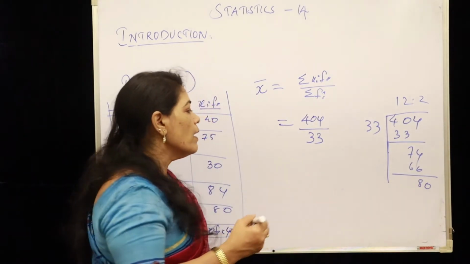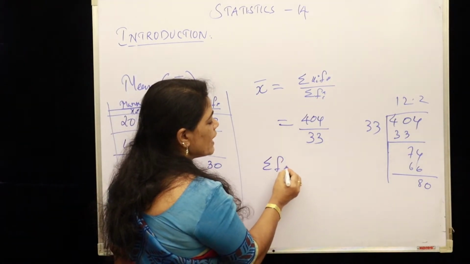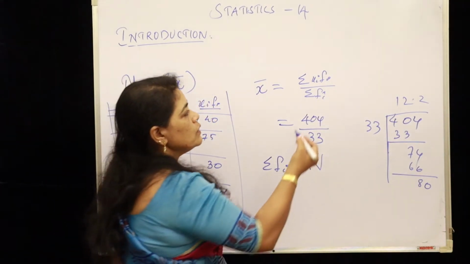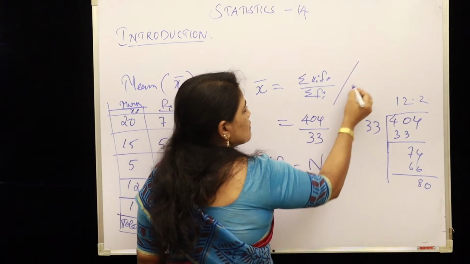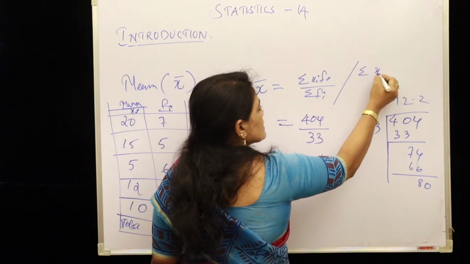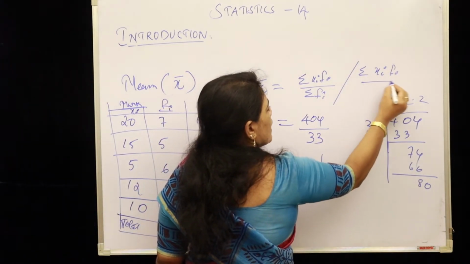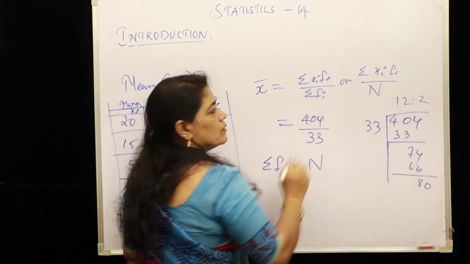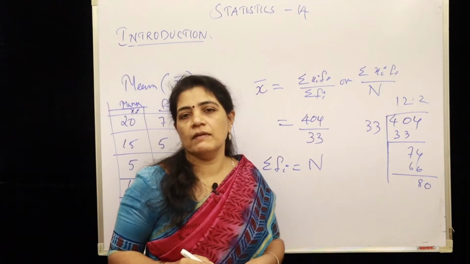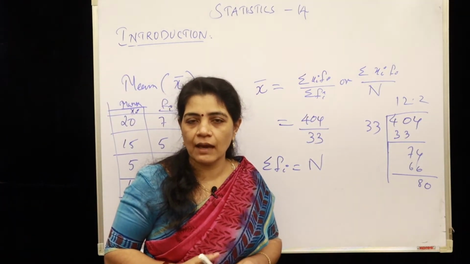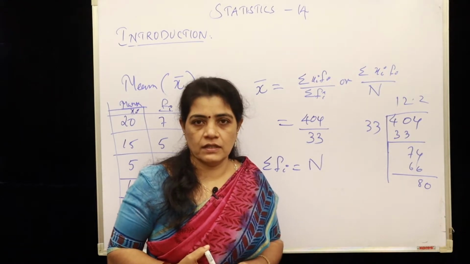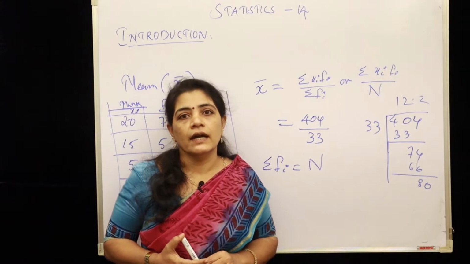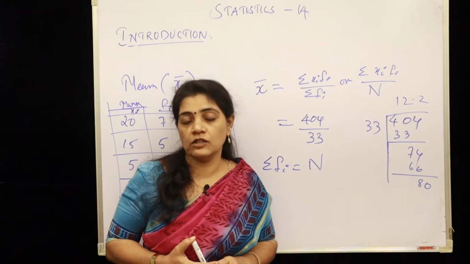This sigma fi can also be expressed using the capital letter N. So the formula for x bar can also be written as sigma xi fi divided by capital N, since sigma fi is the same as capital N, which denotes the sum of the frequencies. This is the way you can find the arithmetic mean by the direct method.